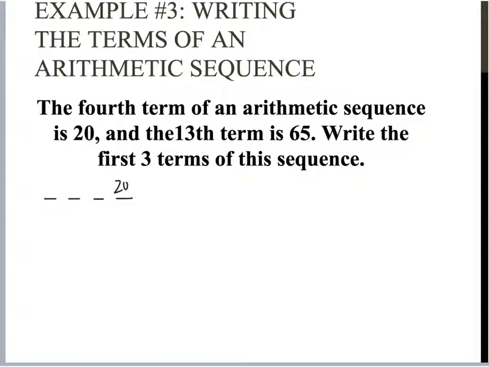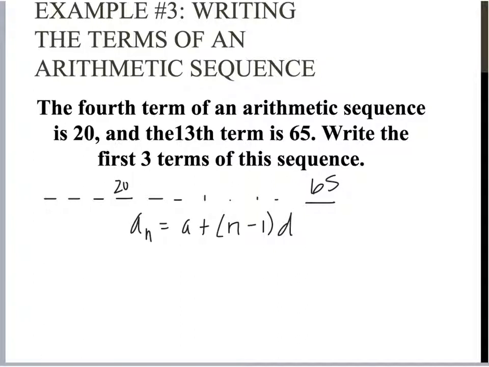And then if you kept going, and I'm just going to draw some dots because we're not going to do all of it, you know that the 13th number is 65, okay? Rather than trying to find all of that, what we could do is just apply our formula. So the formula again is a sub n equals a plus n minus 1 times the difference, okay?